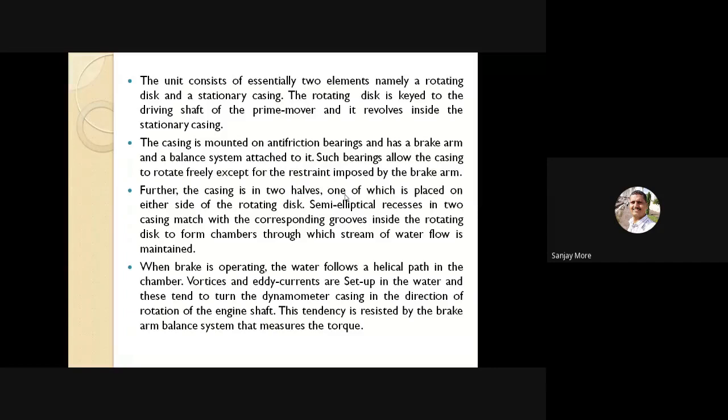See here, vortices and eddy currents are set up in the water, and these tend to turn the dynamometer casing in the direction of rotation of the engine shaft. This tendency is registered by the brake arm balance system that measures the torque.